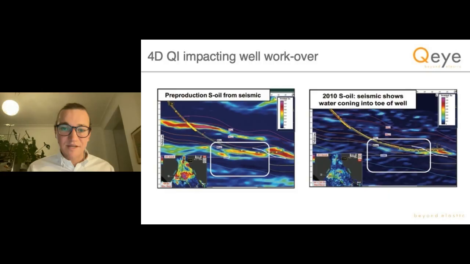And on the right-hand side, we can see that for the most part, those two lobes have been completely drained and are now saturated with water after injection. But at the toe of the well, we can see that there actually is some remaining hydrocarbon, and that was also confirmed by a monitor of the well, and we were able to properly capture where that reservoir wasn't actually drained.